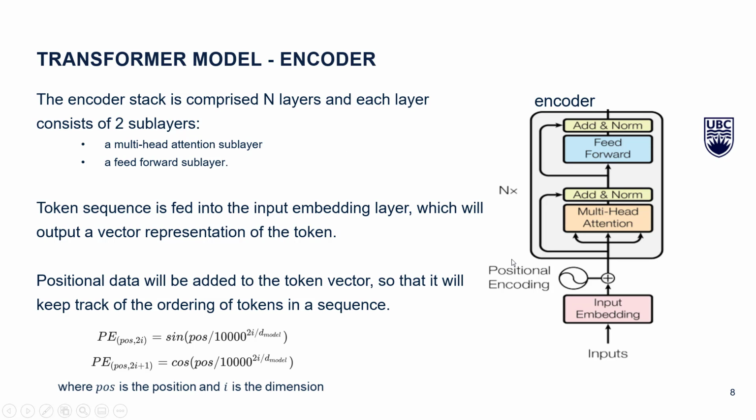So, during the processing of the data, first the token sequence is fed into the input embedding layer, which will output a vector representation of the tokens. Next, the positional data will be added to the token vectors so that it will keep track of the ordering of the tokens in a sequence.